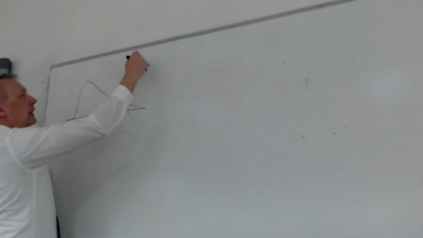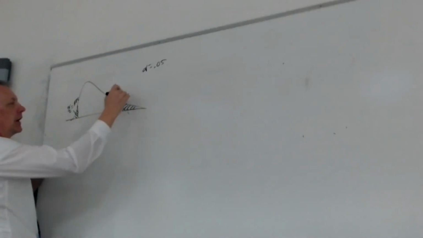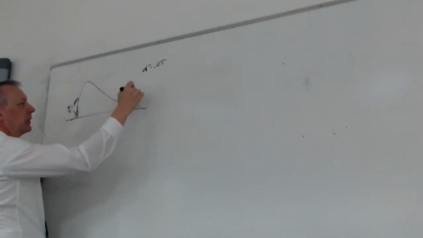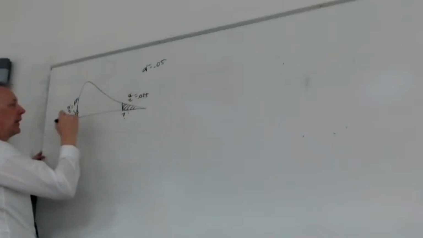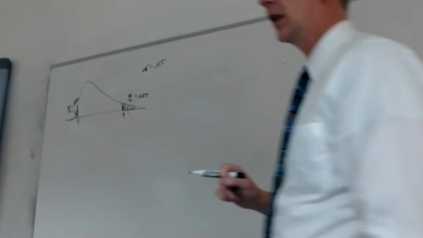Now, if my alpha equals 0.05, how much do I have in each tail? I've got 0.025 in each tail. So this is alpha over 2 equals 0.025, and this over here is alpha over 2 also equals 0.025. So I've got to find those two critical values. That's the answer to part B. Okay, how do I find that?